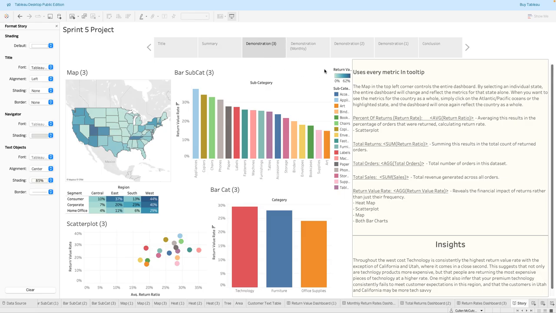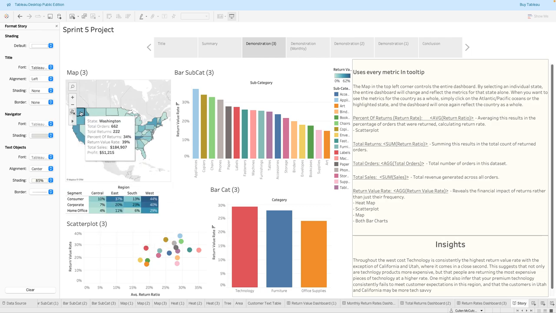In this dashboard, every metric is in the tooltips, and the return rate is the main comparison, but the return value rate is reflected in every single chart.